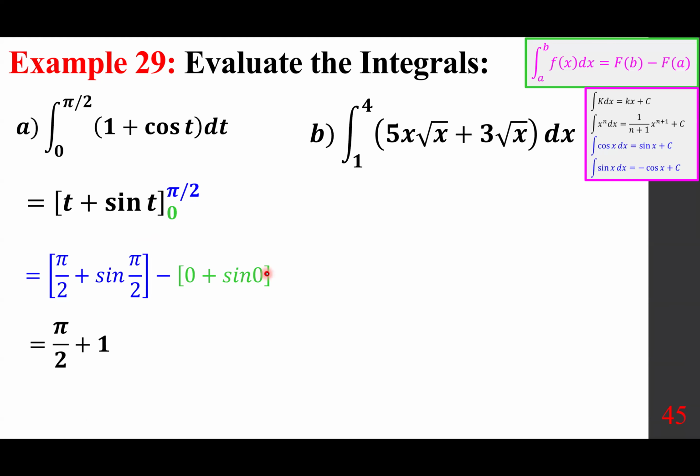What about this one? The very first thing is to change square root of x, in each case, to x to the power 1/2. And when we do that, remember this has exponent 1, these two become 5x to the power of 3/2. We do that to get it ready for the power rule.